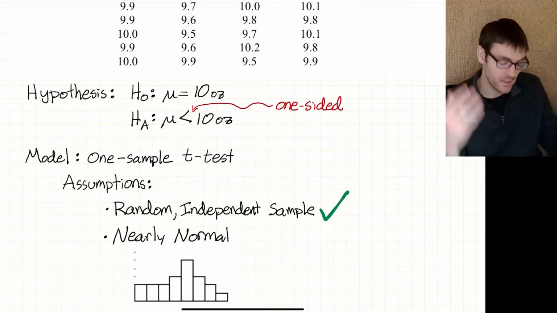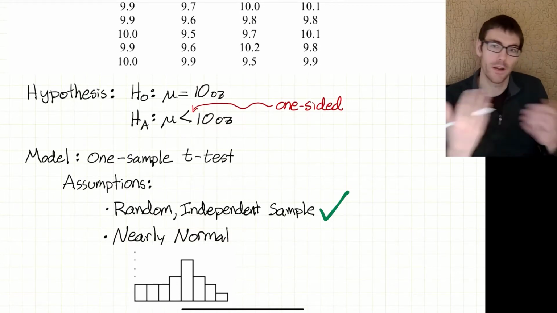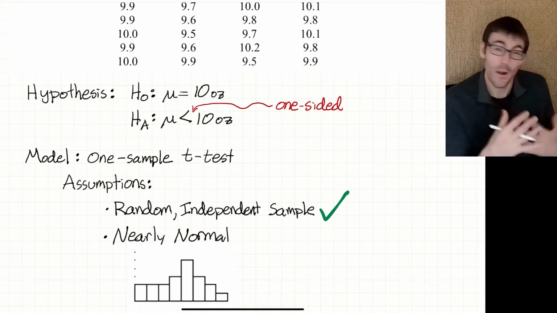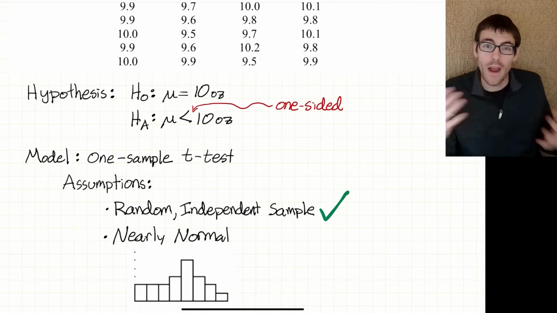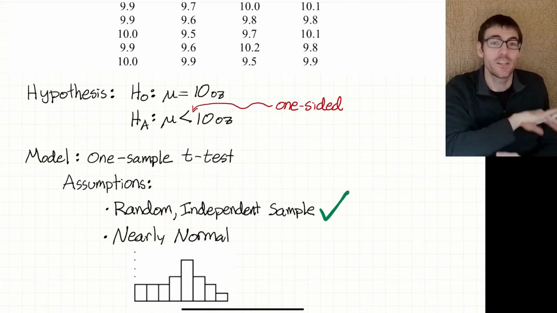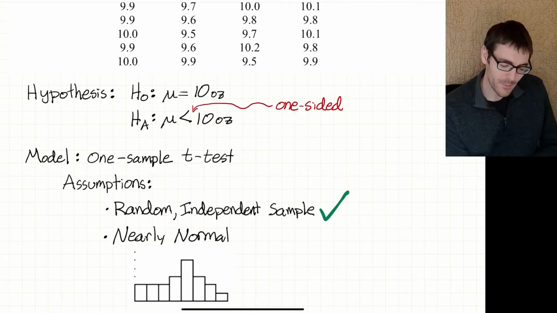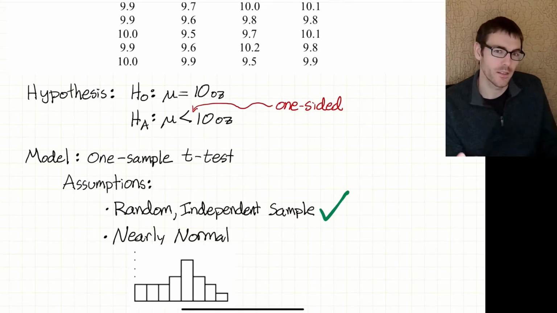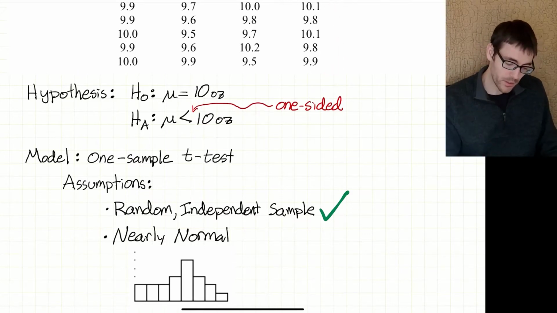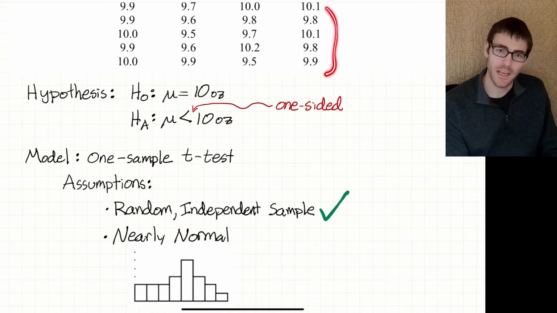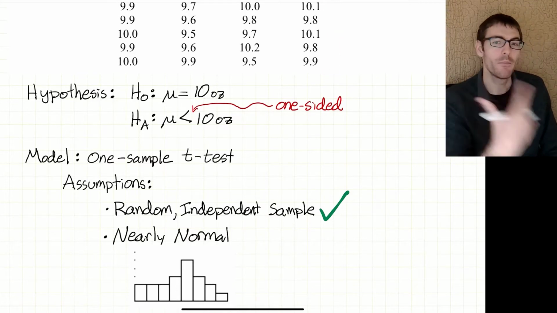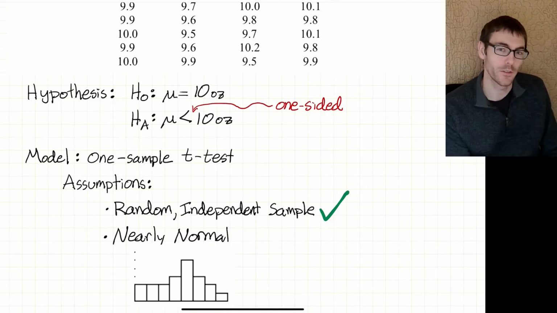We want to know what sigma is in order to be able to do a lot of our logic. We don't have that information. So rather than knowing what the population distribution actually looks like, we can use information about the sample as a proxy. So here we're going to be using the sample standard deviation to sub in for the population standard deviation.